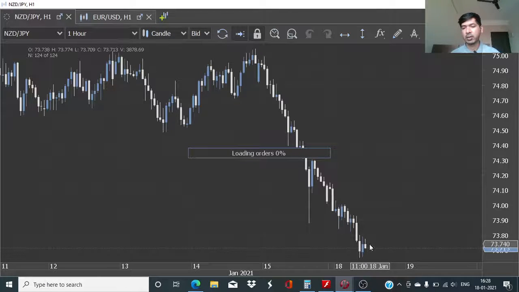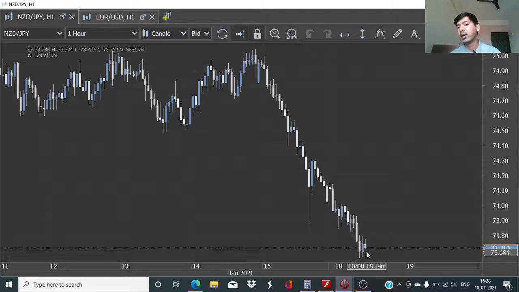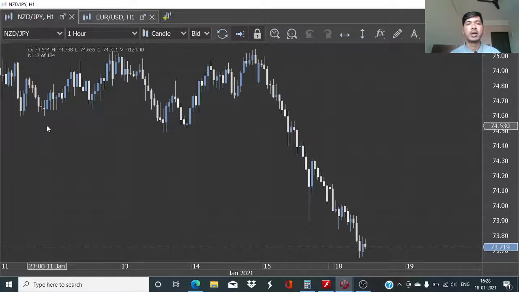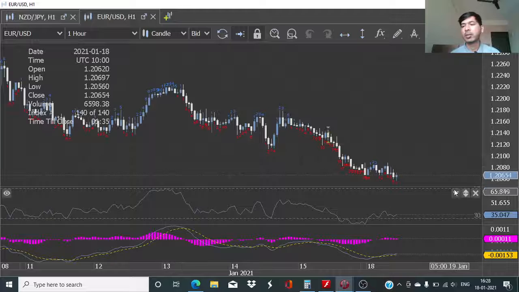Okay, so pips. Now coming to pips, the pips are counted in two decimal points, and if we look at the Euro USD, pips are counted in four decimal points. This fifth numerical after the decimal point is a fraction of the pips, not a single pip.